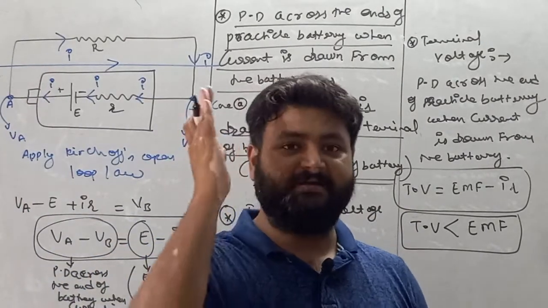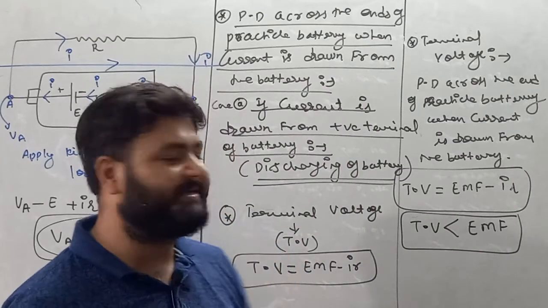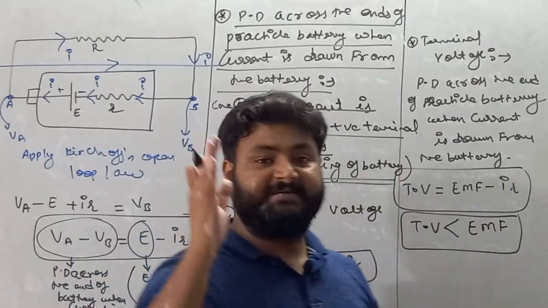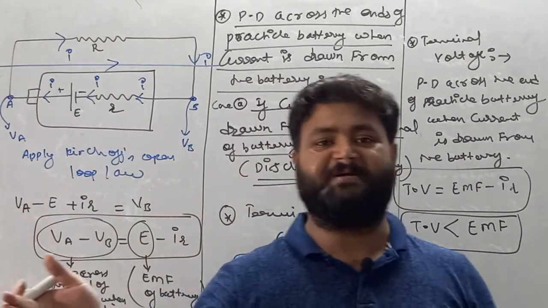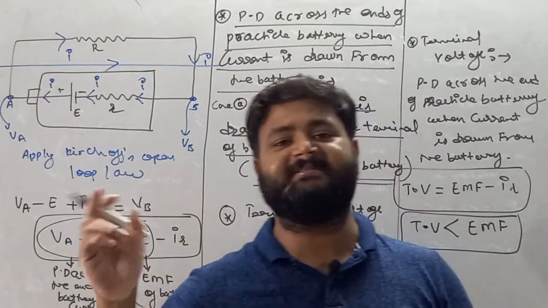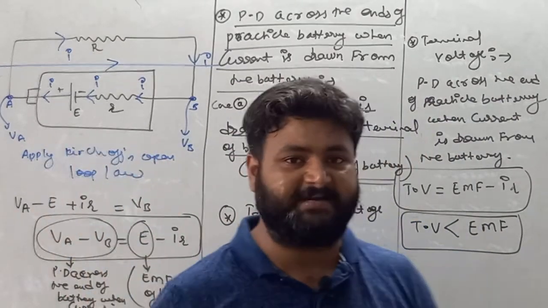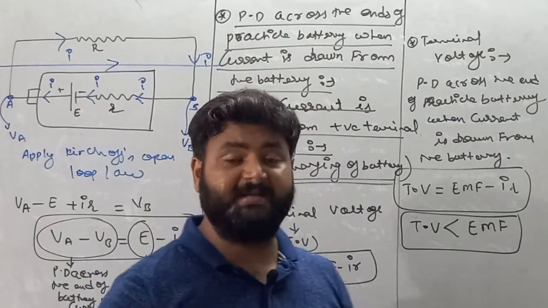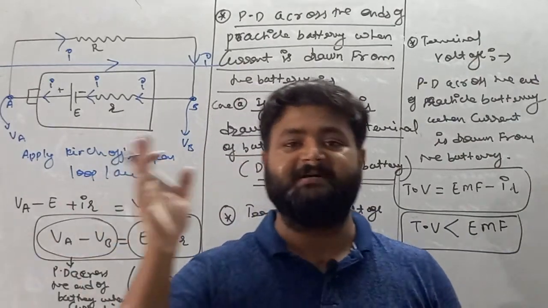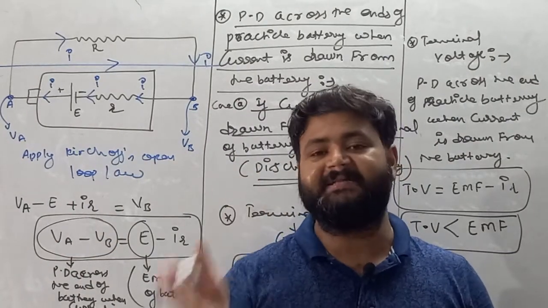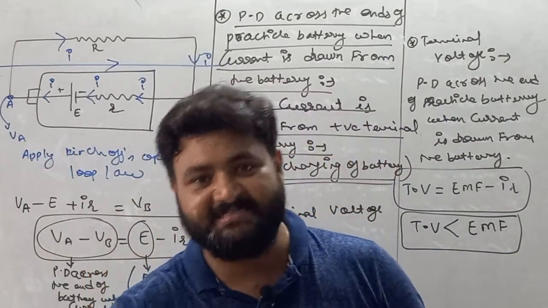So remember, what is the condition of discharging of a battery? If the terminal voltage of the battery is less than EMF, and we know that EMF is nothing but the potential of the terminal of the battery, then we can say the battery is in a discharging condition.